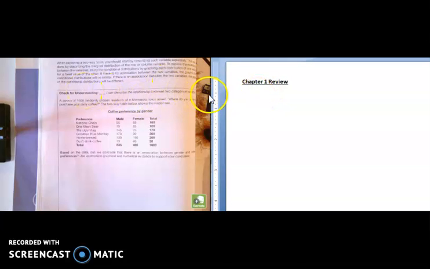So here's an example of: can I describe the relationship between two categorical variables. We have coffee preference by gender, and this is the preference way of the table, and this is the gender, so that's why they call it a two-way table. When you put the totals, those are considered marginal distributions or marginal frequencies. And then if you start to calculate conditional distributions, it would be what's the probability that you're male, given you're in the national chain row.